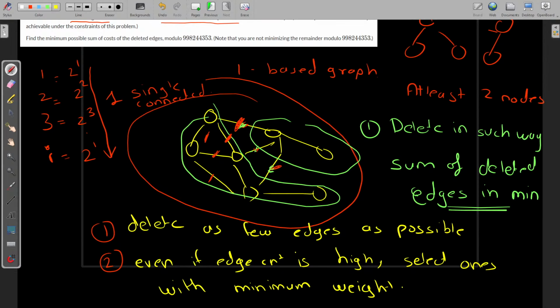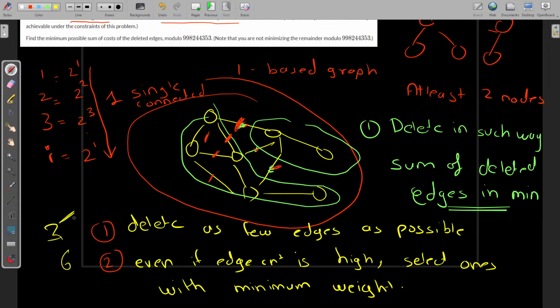Either delete as few edges as possible, or, if there is a way to select three edges and divide the graph into two connected components, and there is another way in which we will have to delete six edges to divide it into two connected components, then the first thing that comes to mind is to select the lower one. But this is actually wrong.